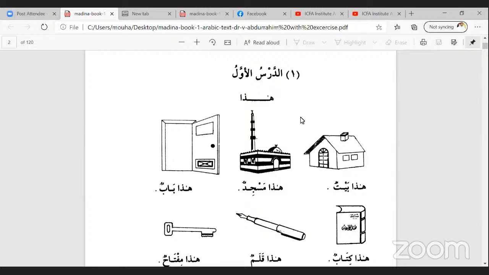هذا, this, or this is. We have here هذا بيت. هذا is a pronoun, and all pronouns are nouns. Baytun is a noun. So to form a sentence in Arabic, one needs at least 2 words.